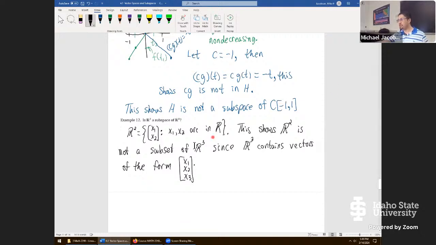So the moment we said this shows R2 is not a subset, our overall conclusion is that it's just not a subspace any longer. That was the first condition we required, having it be a subset.